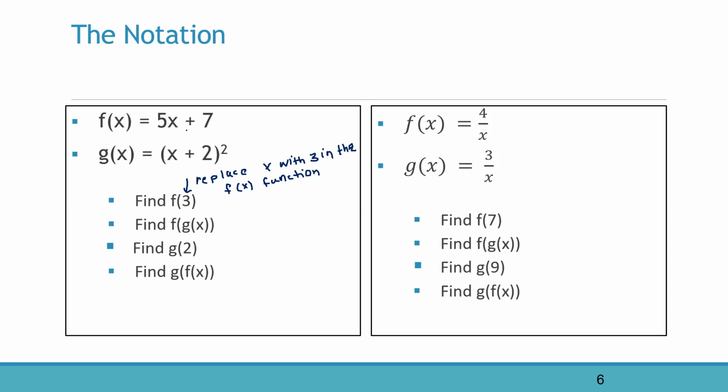So I look at my f of x function. I see where the x is. I replace it with the 3. So this is going to be 5 times 3 plus 7. I do that math on my calculator, and I get 15 plus 7, which is indeed 22. So that is the original function notation.